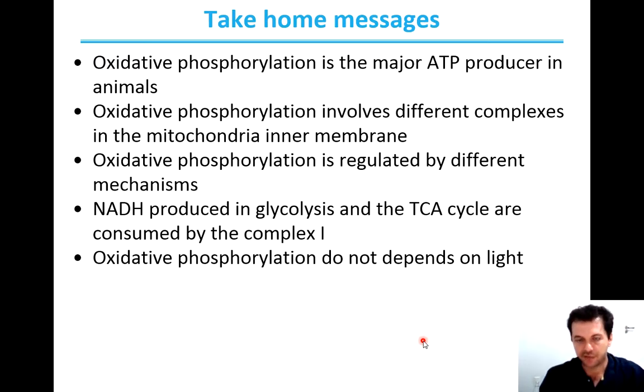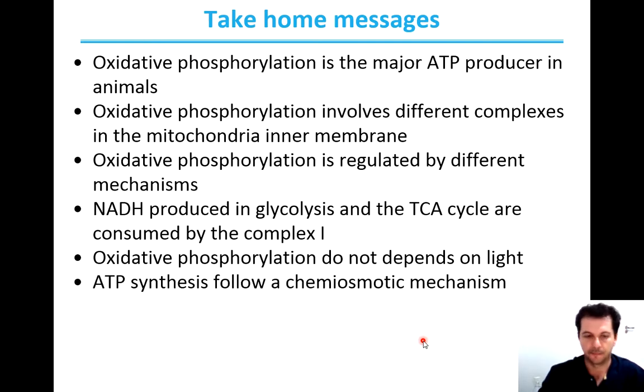The main difference between oxidative phosphorylation and photophosphorylation is that oxidative phosphorylation doesn't need light. Photosynthesis depends on light to create this energy. Light is the energy source. Here it is not. The energy source is NADH, succinate, and so on.